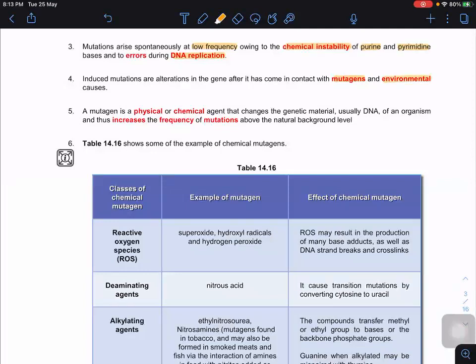So what's a mutagen? A mutagen can be either a physical or chemical agent that changes the genetic material, usually DNA, by increasing the frequency of mutation. It means that our body has a normal rate of mutation, but with the mutagen, whether physical or chemical, the frequency of the mutation increases.